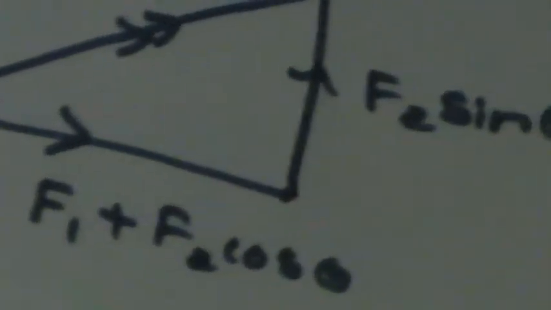This is F1 plus F2 cos theta, this is F2 sin theta, this is F1, and this is FR.